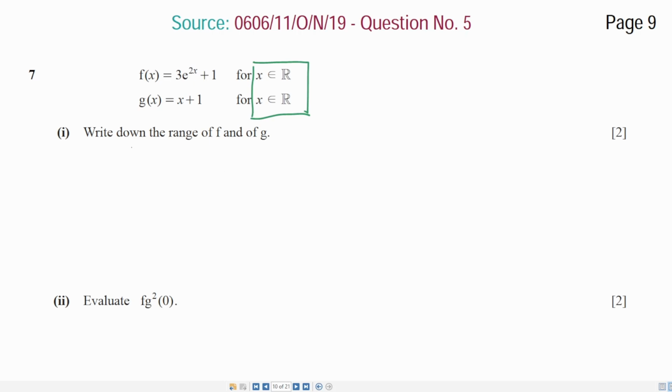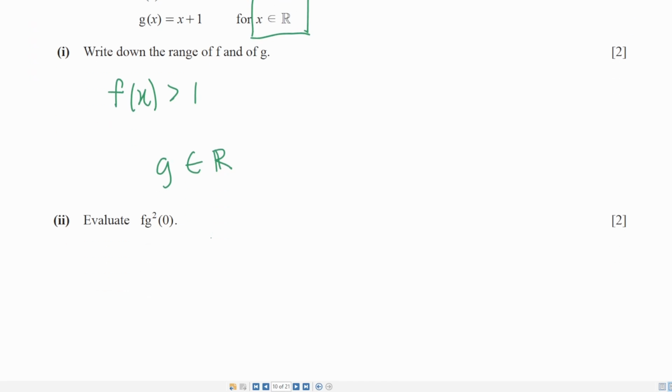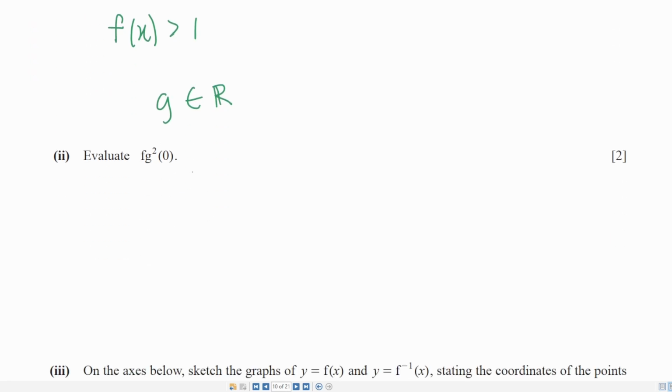From our previous video, we've done a similar type of question, and this is simply f(x) must be larger than 1. And now the range of g, well, this isn't an exponential function, and x can really be anything, so this is pretty straightforward, just all real numbers, and that's it.